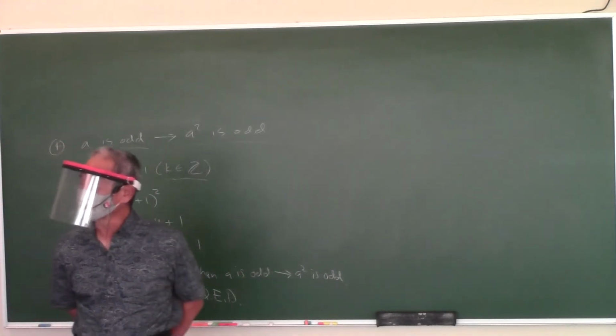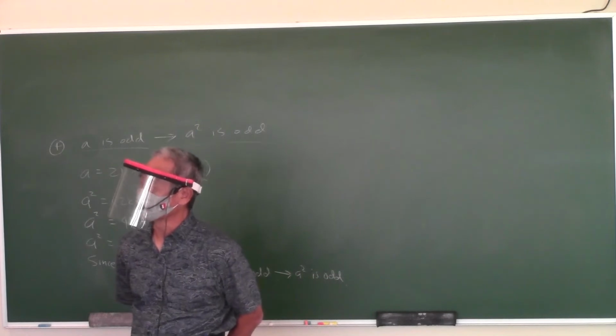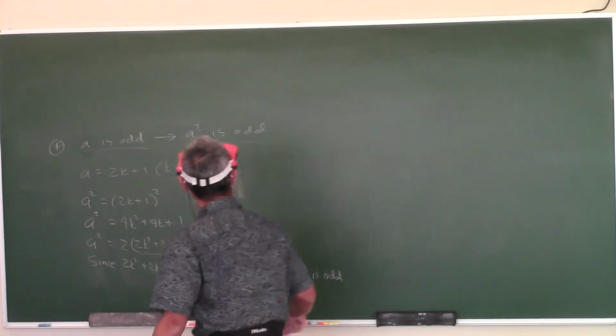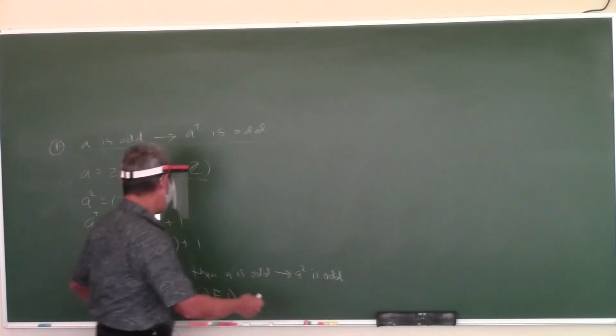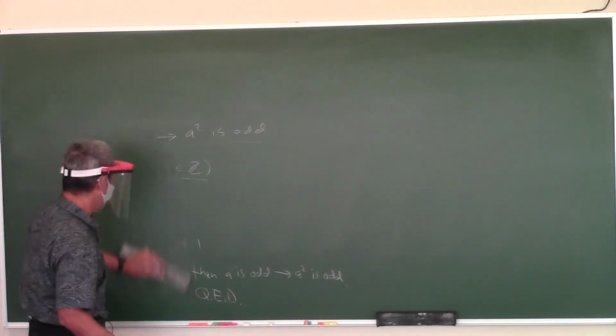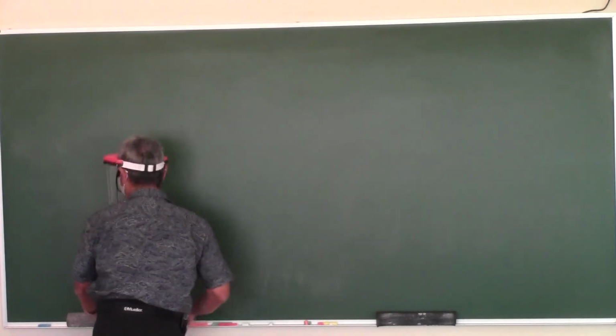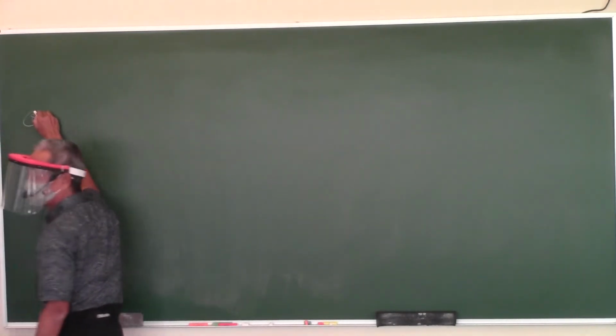Okay, now let's do the one we're going to use. We're going to use number 8 now. So I'm going to erase because we only can stay on this side of the board for the video. All right, so number 8.